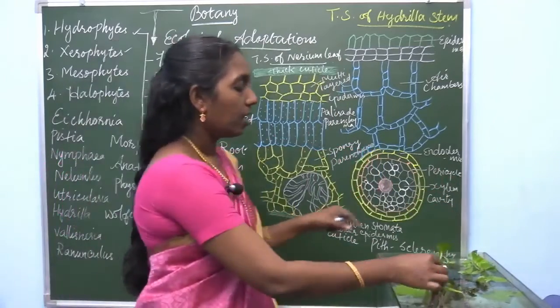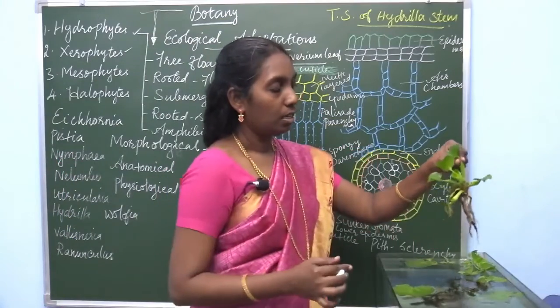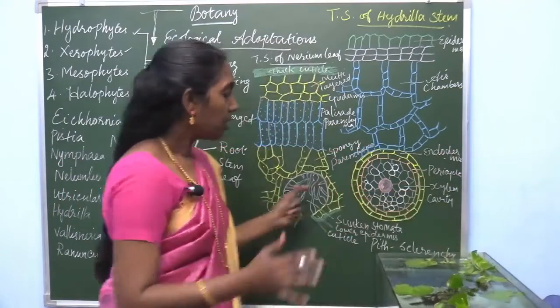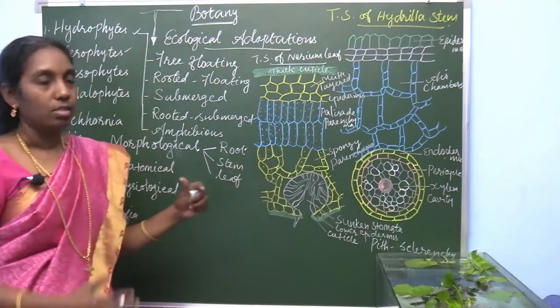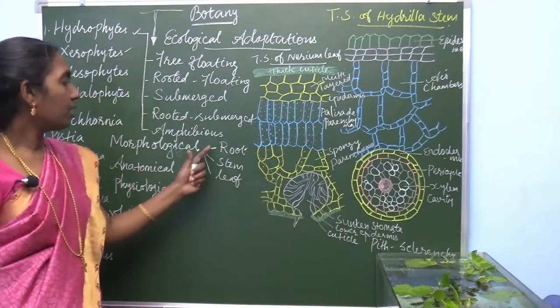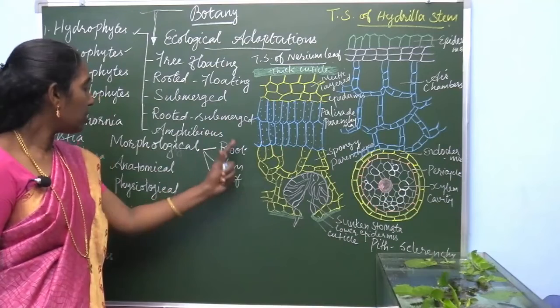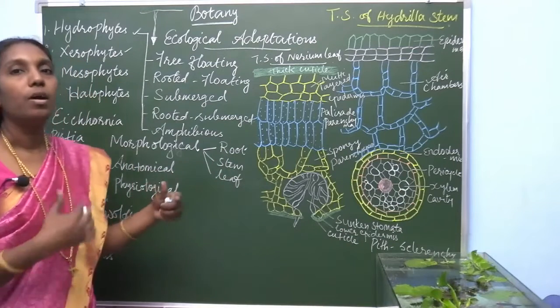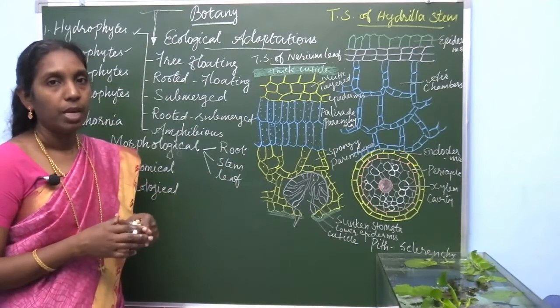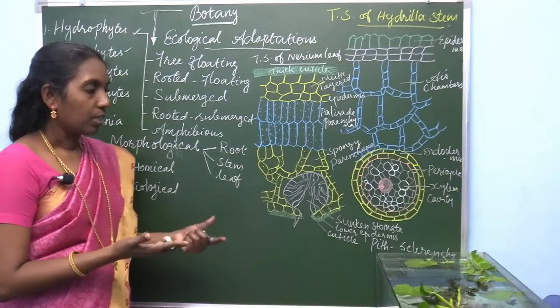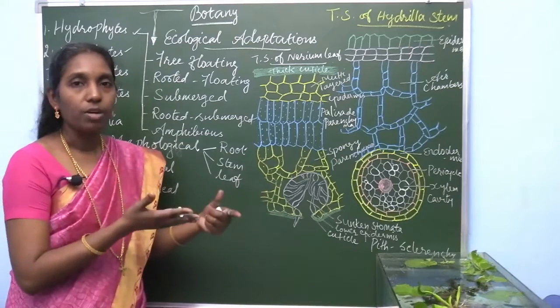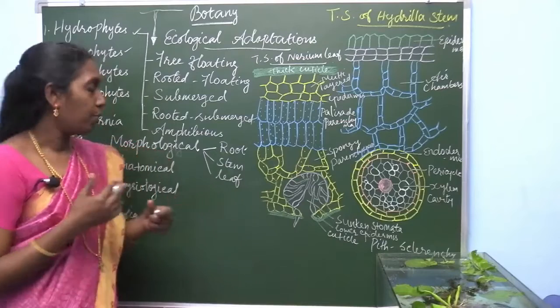Then there are thick and leathery leaves in Eichhornia. So different structures are seen in the root, stem, and leaf. These modifications are morphological adaptations, and these structures help the plant survive well within its habitat.